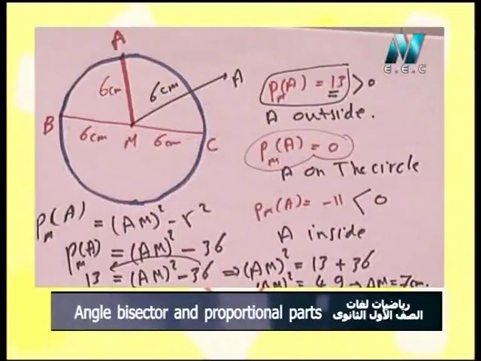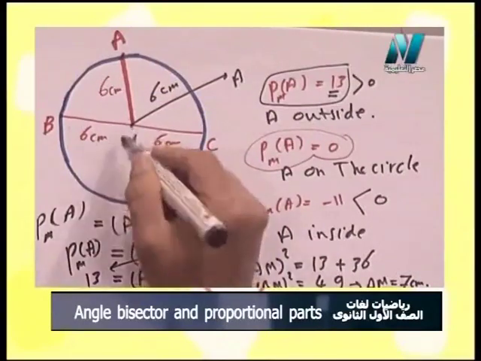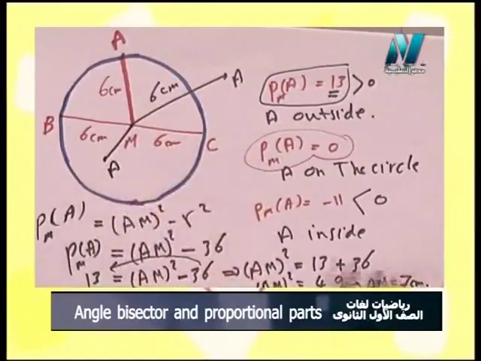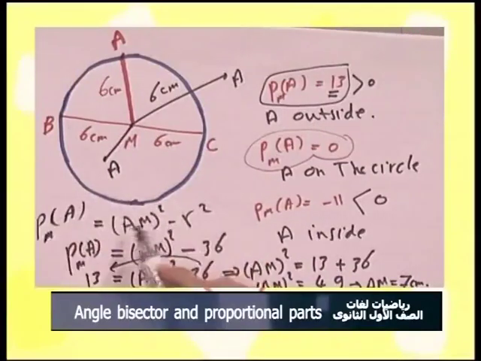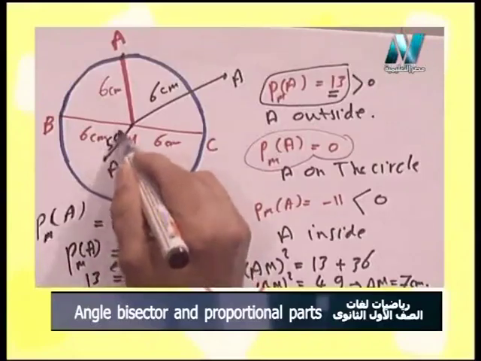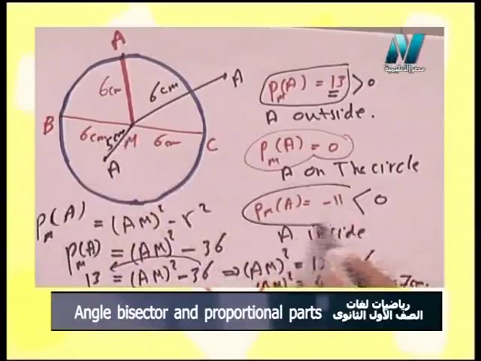But if you want to calculate MA when A lies inside the circle, we will apply this rule and we'll find AM here equals 5 centimeter. Okay, let's go to another example here.